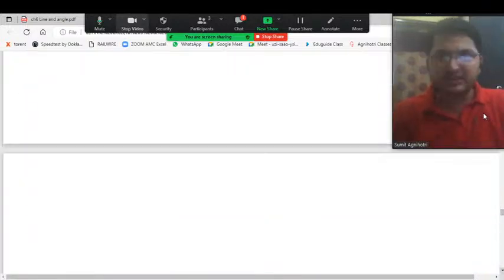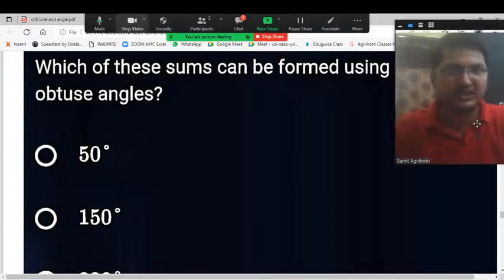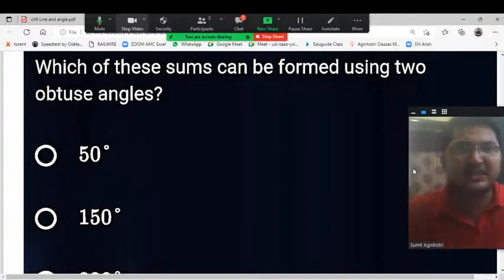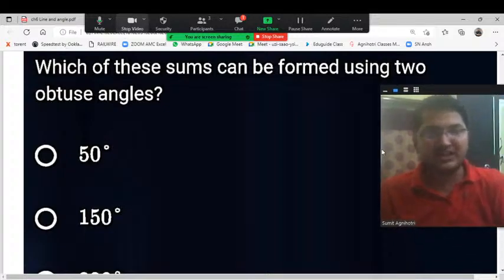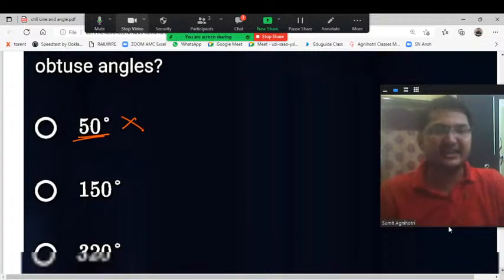Okay, now the next question: which of these sums can be formed using two obtuse angles? If you are adding two obtuse angles, can you ever get 50? You can't, because obtuse angles are greater than 90. An angle greater than 90 but less than 180 is known as an obtuse angle.